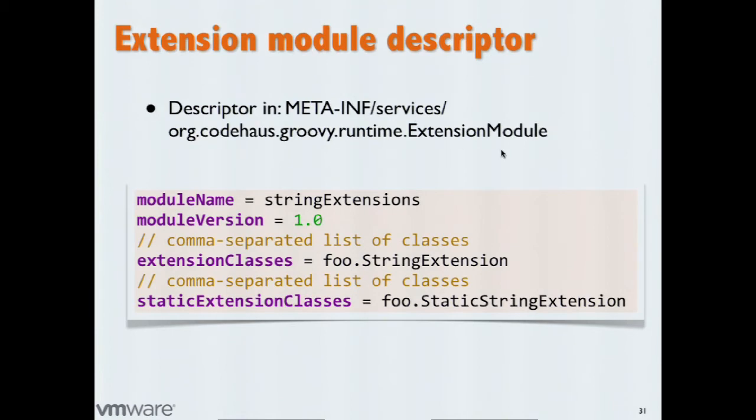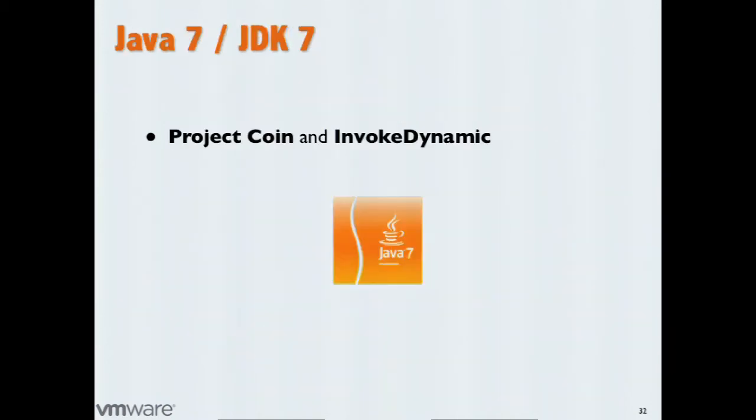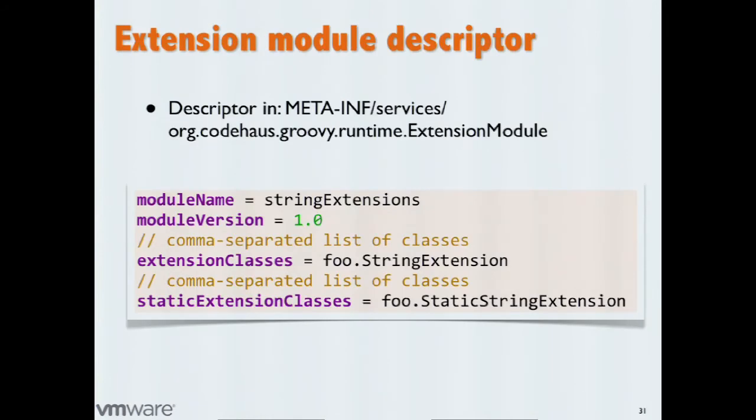And you put that into this file in META-INF services, etc. So this is a nice way for extending JDK classes or third-party classes from third-party libraries. And I'll speak again about static compilation at the end of the presentation. It's nice because this mechanism works well with static type checking and compilation. But I'll come back to that.